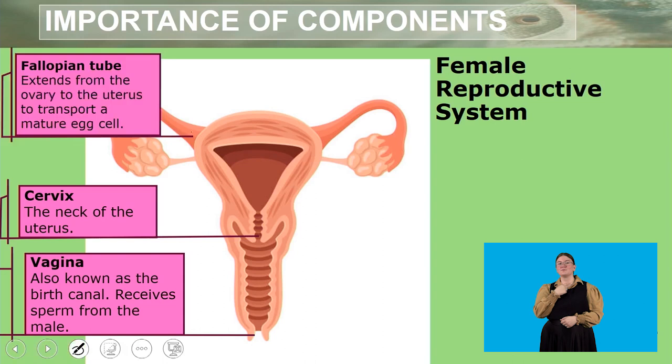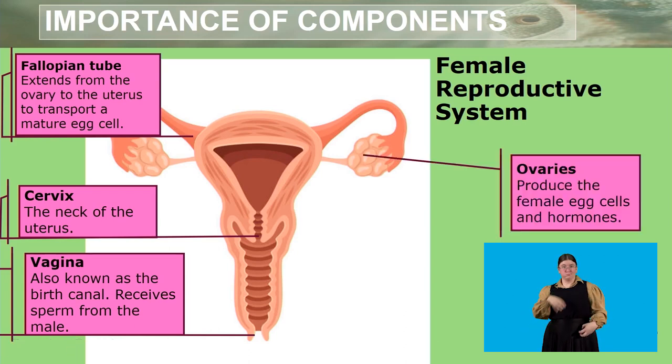We then have the fallopian tubes, okay? We find fallopian tubes on both sides of the female reproductive system. And these extend from the ovary to the uterus to transport a mature egg cell.